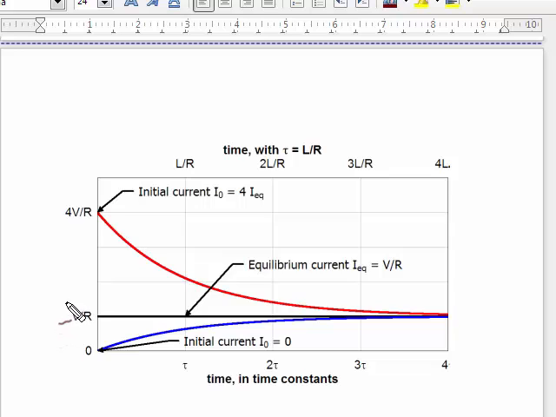This is the steady state or equilibrium solution right here. If you start greater, say at 4 times it, you're going to decrease towards it and asymptotically approach equilibrium. You'll never reach it and you'll never cross it. If you start less than it, with a current less than V over R, say at 0, you're going to increase to it asymptotically.